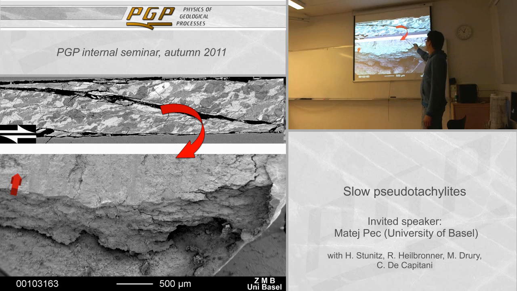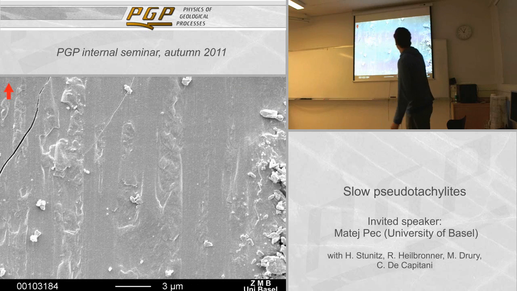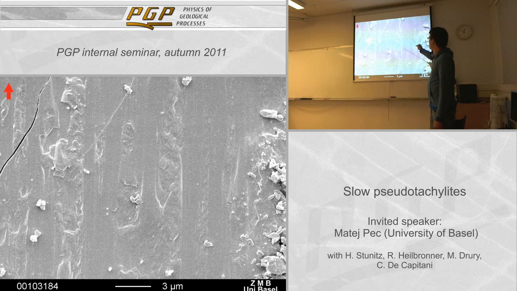And if we have a look at the sliding surface, so if we have a split sample, then we can take it and put it in the SEM and have a look at what this surface that's open now actually looks like. Here we can observe some striations in much more detail that are formed on the surface itself.